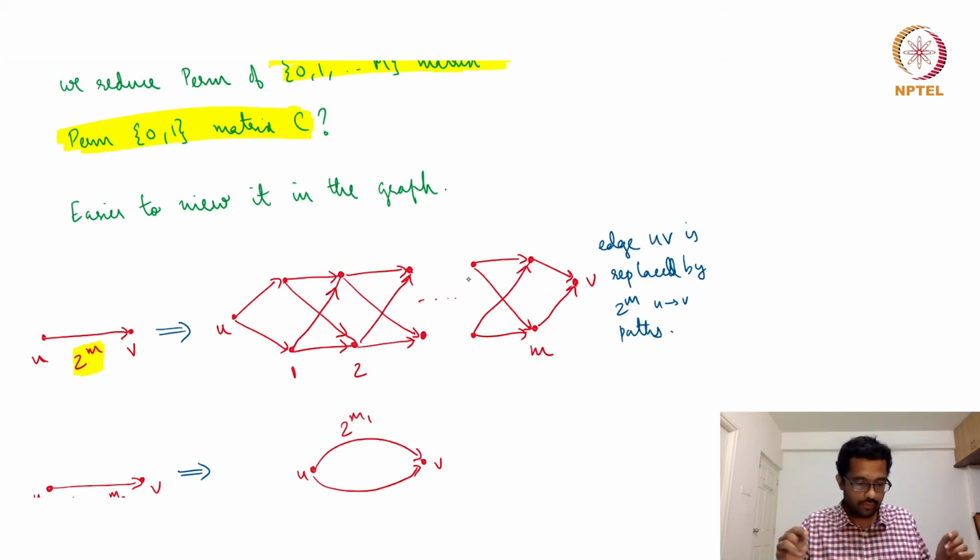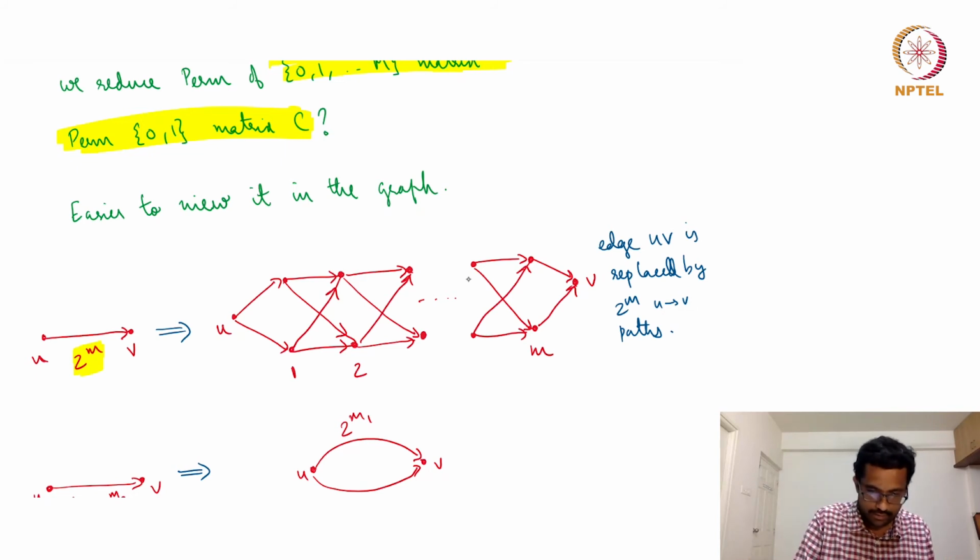So instead of there being one cycle for which uv contributes 2^m, now we have 2^m different cycles, each for which the uv path contributes 1. So that's how we get an equivalent representation. And here in the graph on the right hand side, all the edges have weight 1, including many edges that have weight 0.